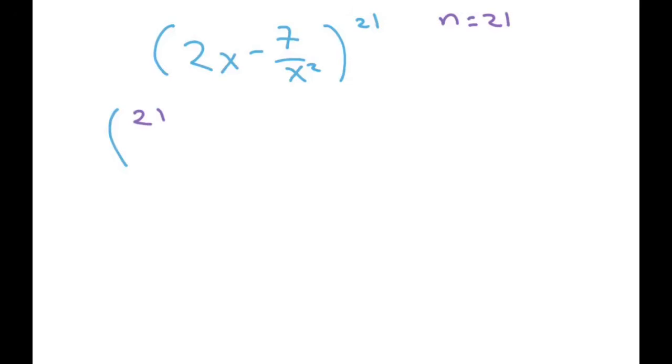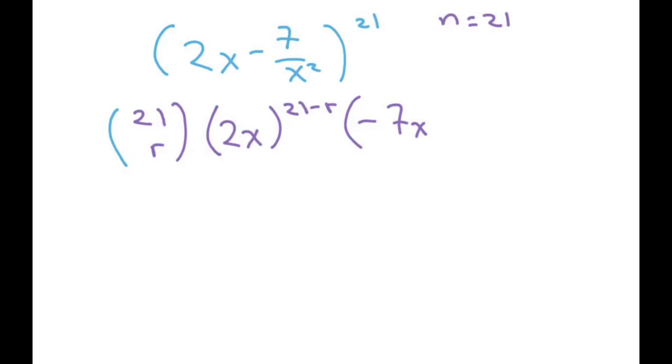So I have 21 choose r. My a is 2x, so that's going to be 21 minus r. And my b, as explained before, is negative 7x to the negative 2, to the r.